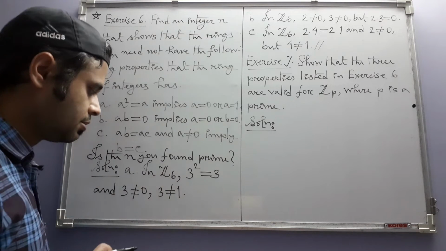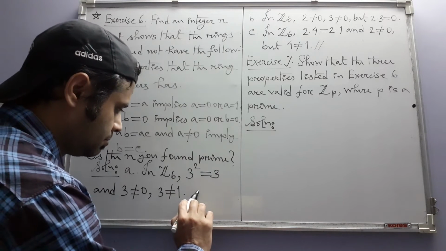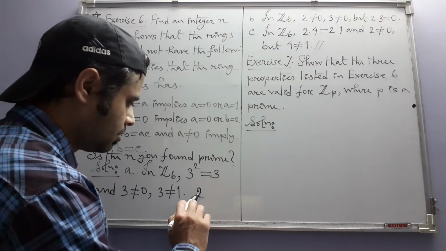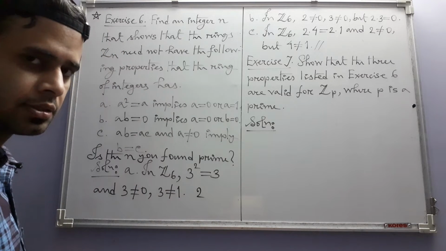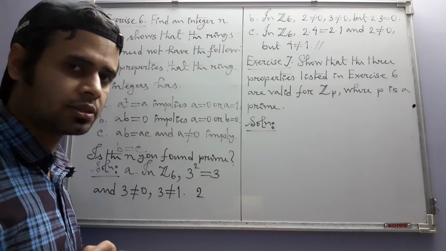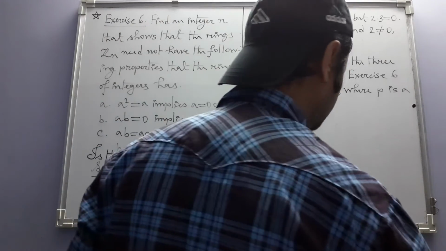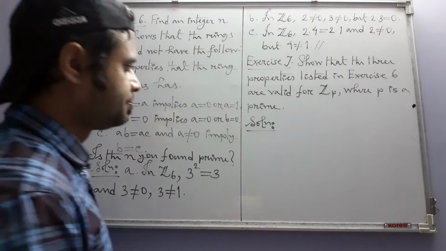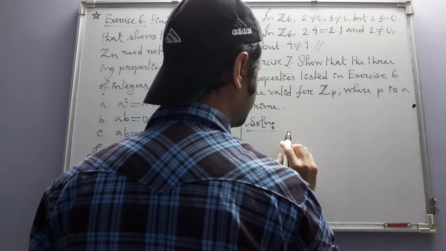But in Z6, every element does not have a multiplicative inverse. 2, for example, does not have a multiplicative inverse, which you can verify directly because there are only 6 elements in Z6. You will see that no element of Z6 acts as the multiplicative inverse of 2. But in this type of rings where p is a prime, inverses exist, and we are going to use that fact to prove these properties.